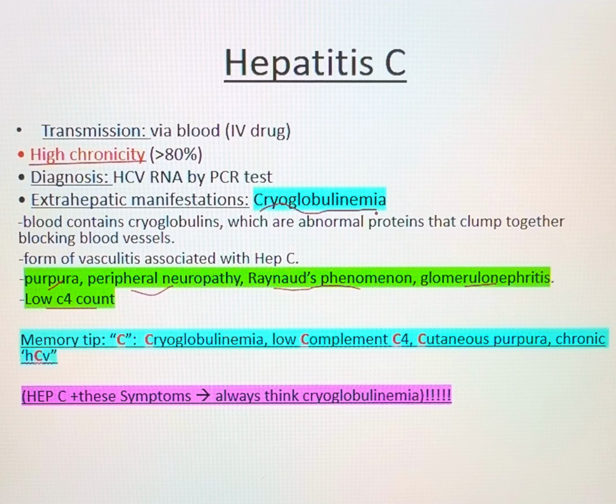How to remember that cryoglobulinemia is associated with hepatitis C? Hepatitis C starts with C. Cryoglobulinemia also starts with C. A very important point about this disease is that there is a low C4 count and it presents with cutaneous purpura. So cutaneous for skin, purpura because it has purpura. So as I said, if hepatitis C plus any of these symptoms, always think about cryoglobulinemia.